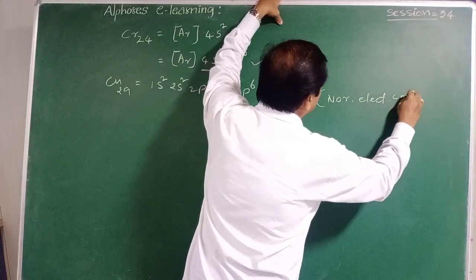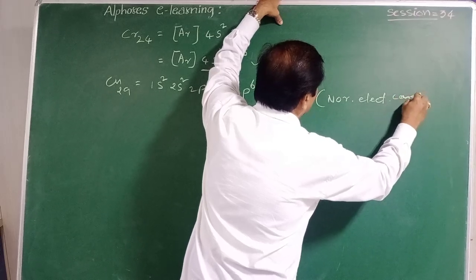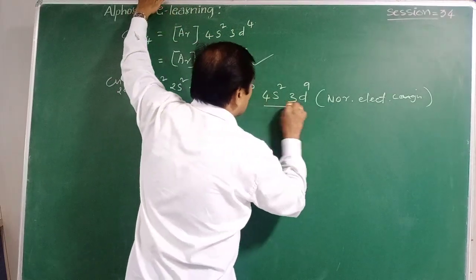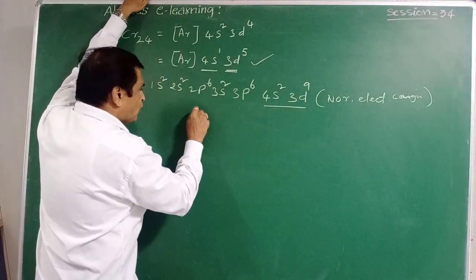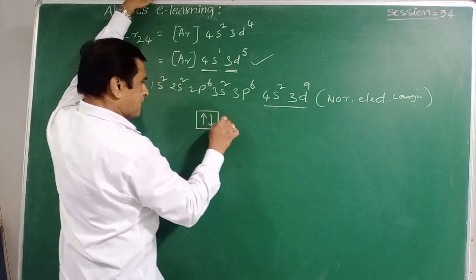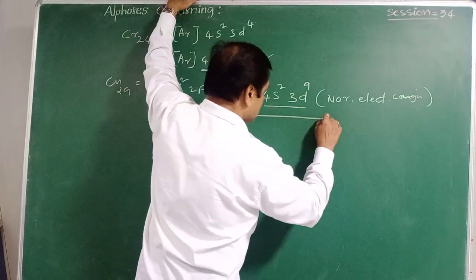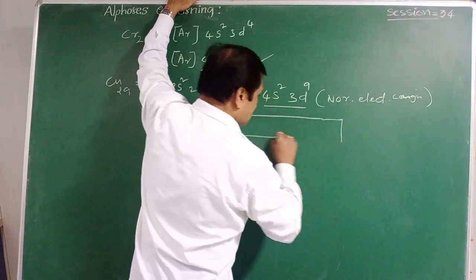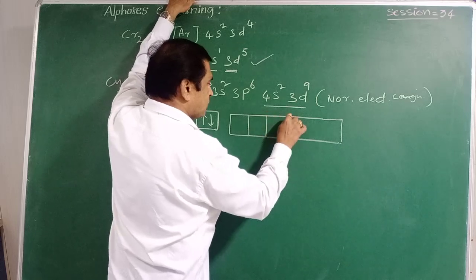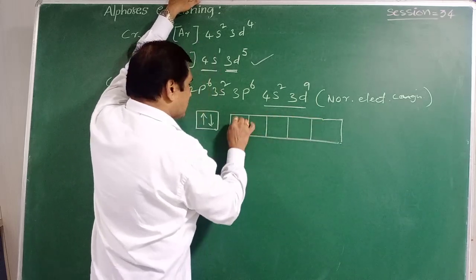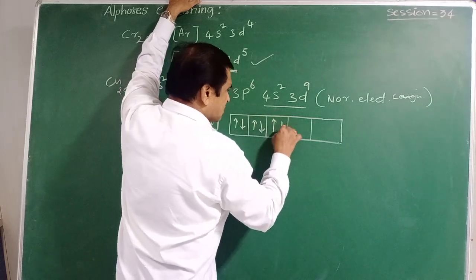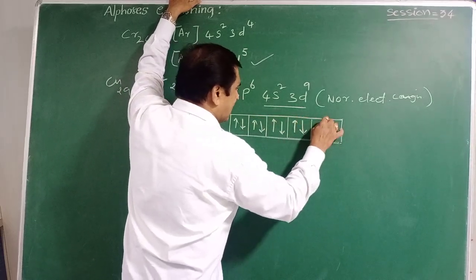So copper has 4s2 3d9, that is 3d9: 1, 2, 3, 4, 5, 6, 7, 8 and 9.